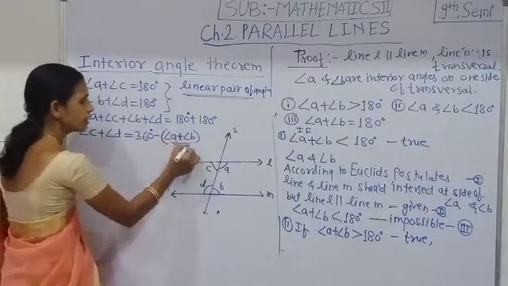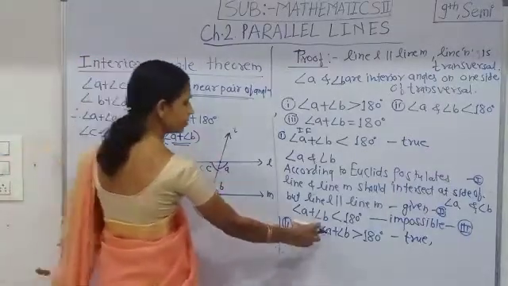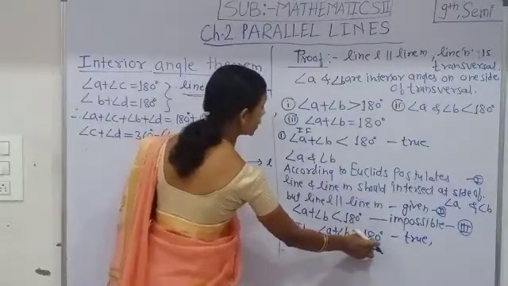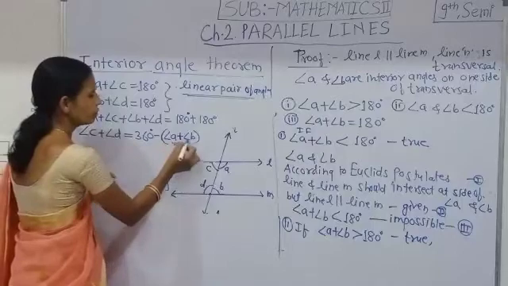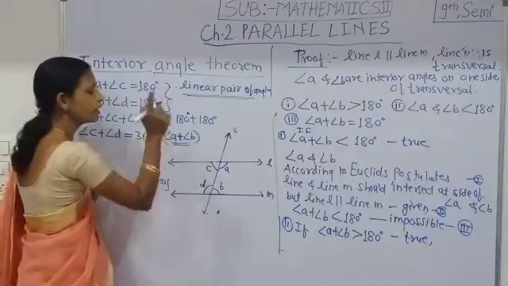But here we have considered that angle A plus angle B is greater than 180 degrees. That means the sum of angle A and angle B is greater than 180.